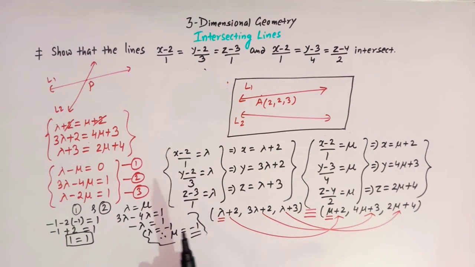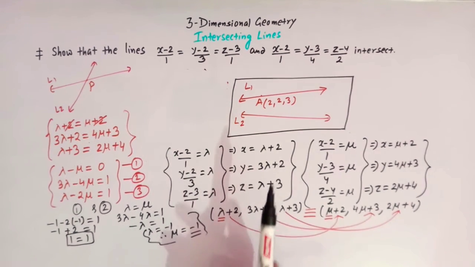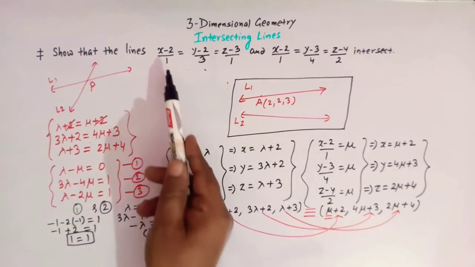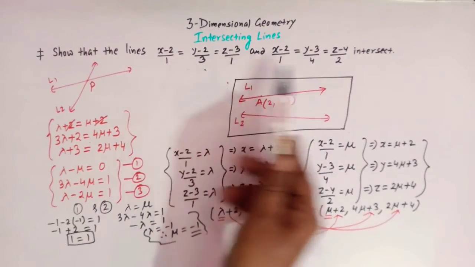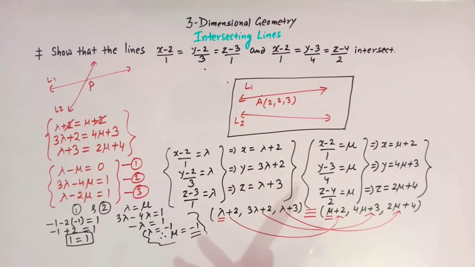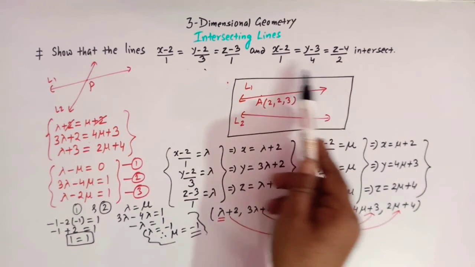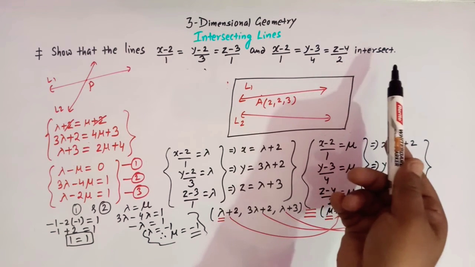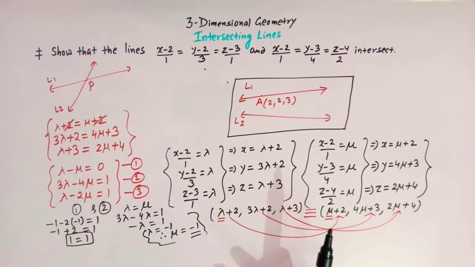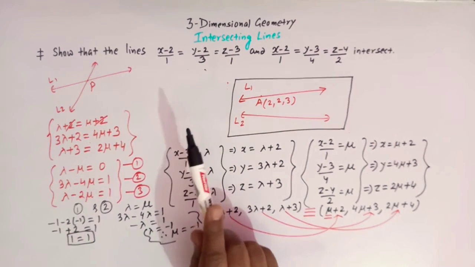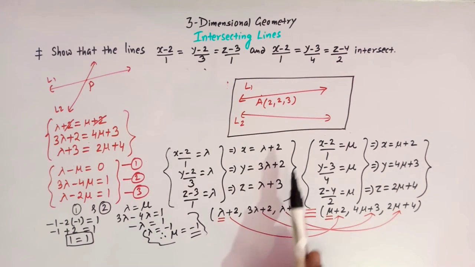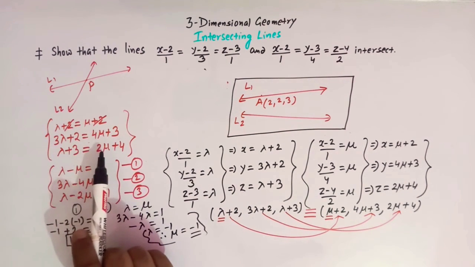So here we have adopted two methods. In the first method, we have shown that the two lines are coplanar, and moreover the direction ratios of the two lines are neither equal nor proportional, and hence the coplanar lines must be intersecting. In the second method we have calculated the general point on the two lines, and we equated the general points obtained from the two lines, and we have got three equations.